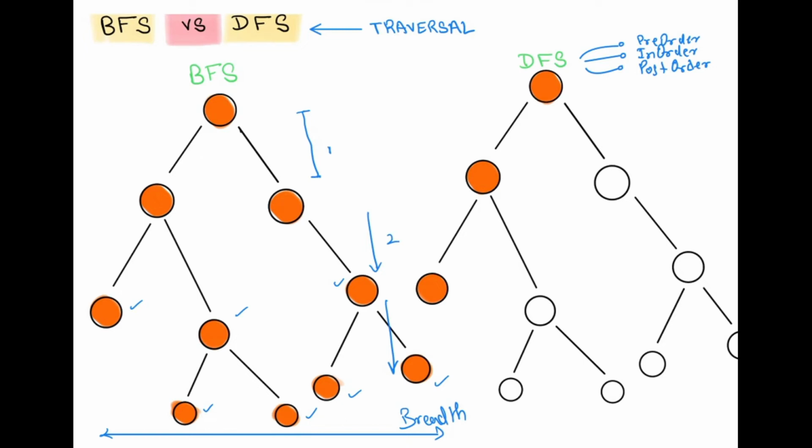So we come back to the node above it, and we will try depth first search for the other node. Again we want to go to more depth, and we have already visited the left one, so this time we will try the right one, and again we will go to the depth.